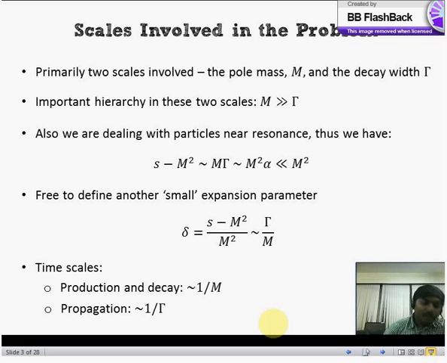However, the propagation is of the order of 1 by gamma. So the decay and the production vertices factorize from one another, and you can also describe the propagation independently of these two vertices.